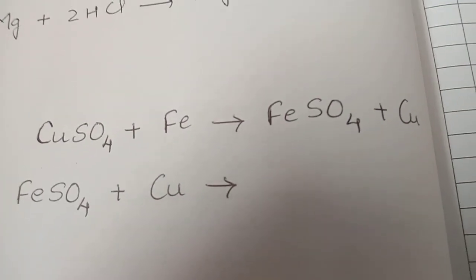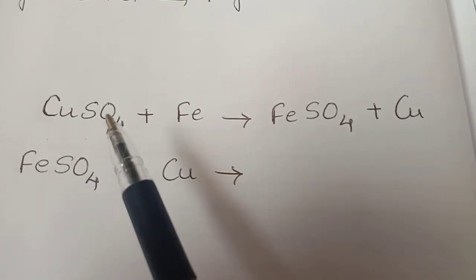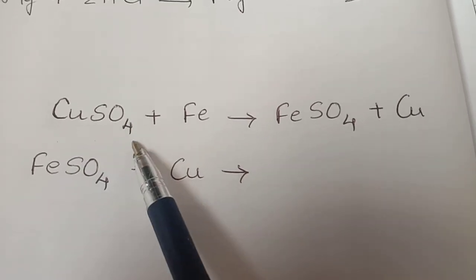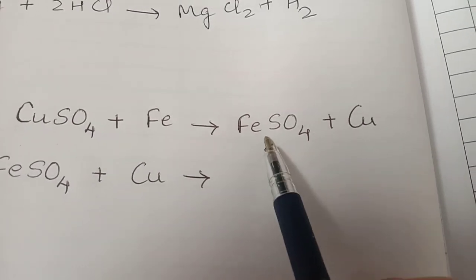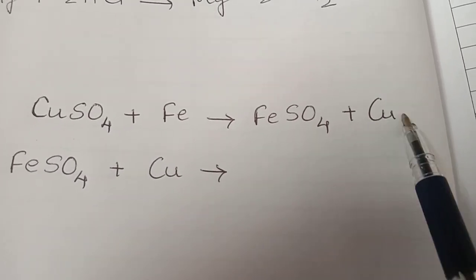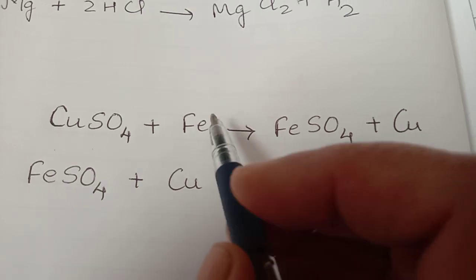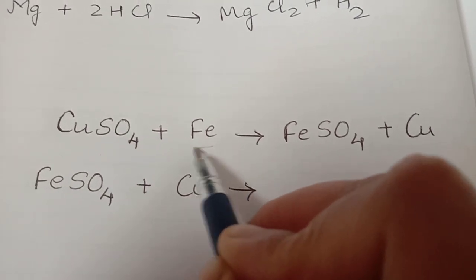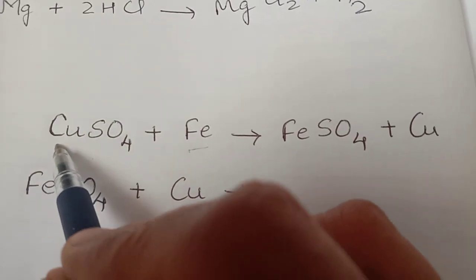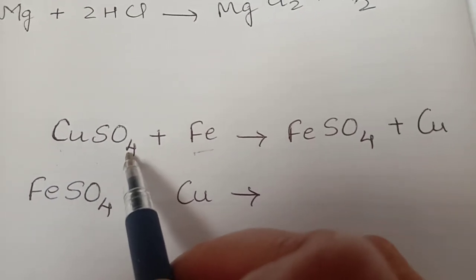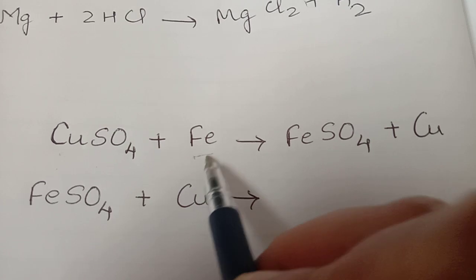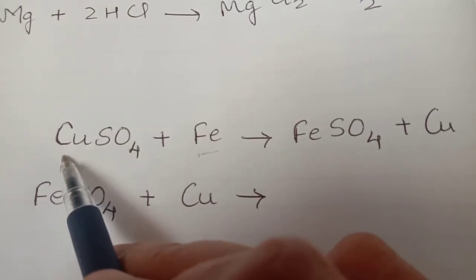Here I have this equation for you where copper sulfate and iron react with each other to form iron sulfate and copper. Here you will see that iron replaces or displaces copper from copper sulfate. Why? Because iron is more reactive than copper.